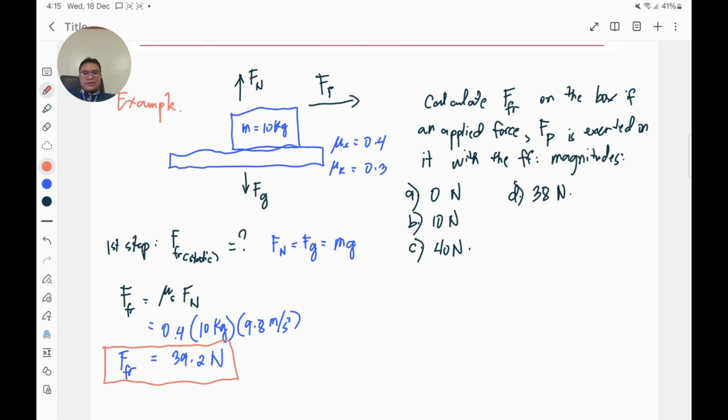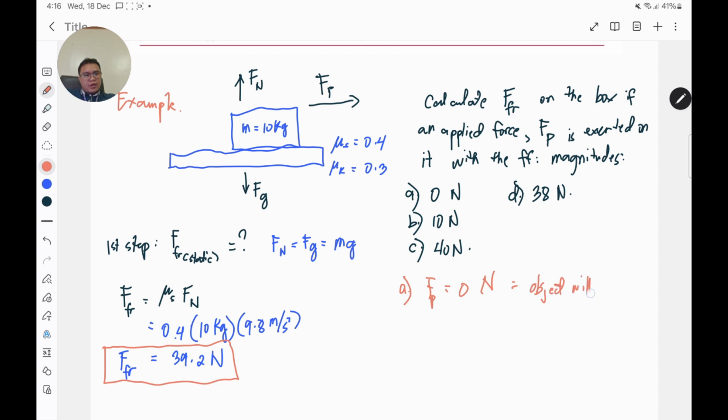So for letter A, if the force applied, or Fp, is equal to 0 newton, then this force will not be able to cause the object to move because it has to overcome 39.2 newtons of force. So therefore, it has no effect. Meaning to say, the object will not move.